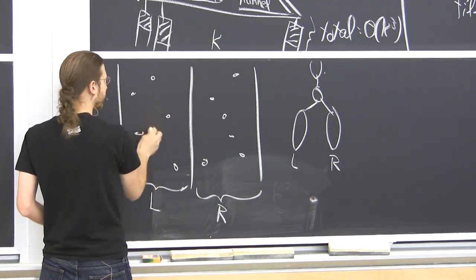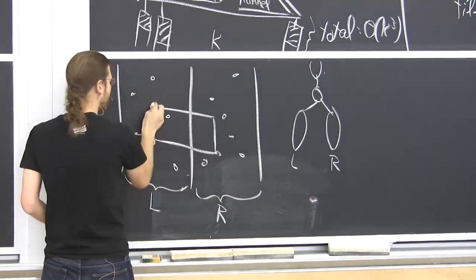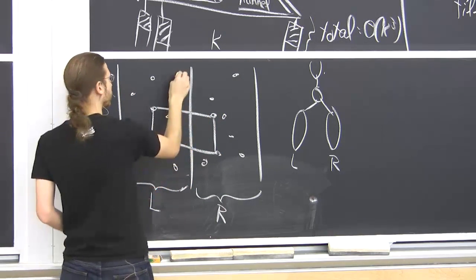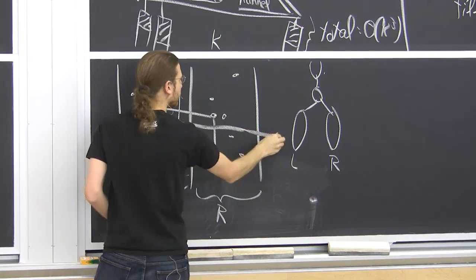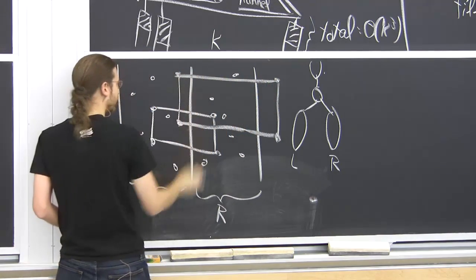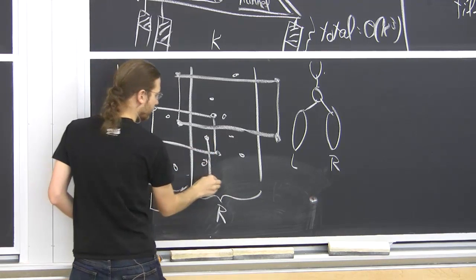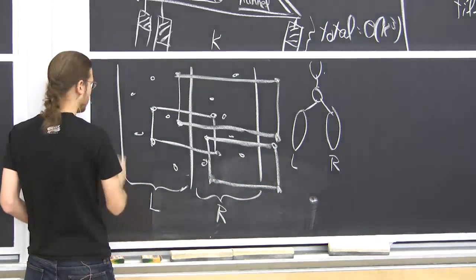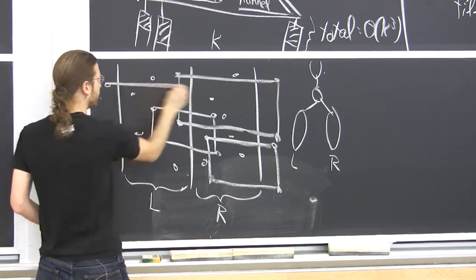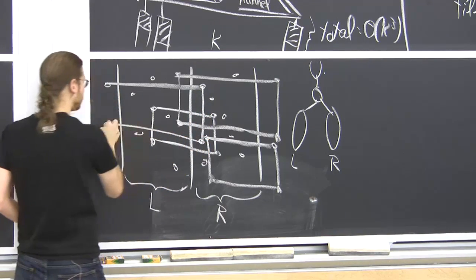Okay, we also have some rectangles. And their corners are what we have represented. Probably should have used colors here. Something like this.